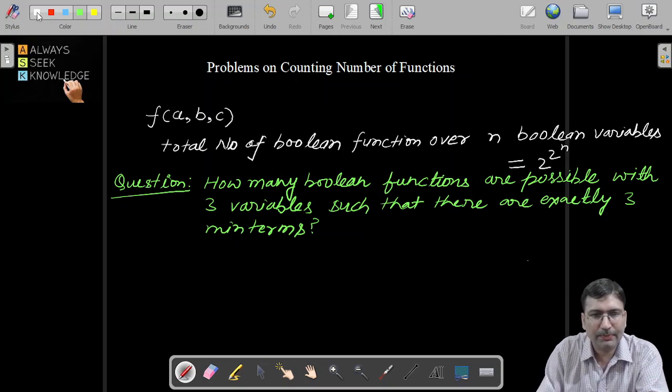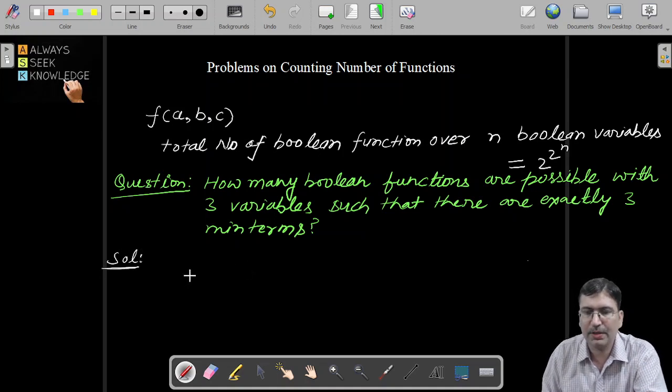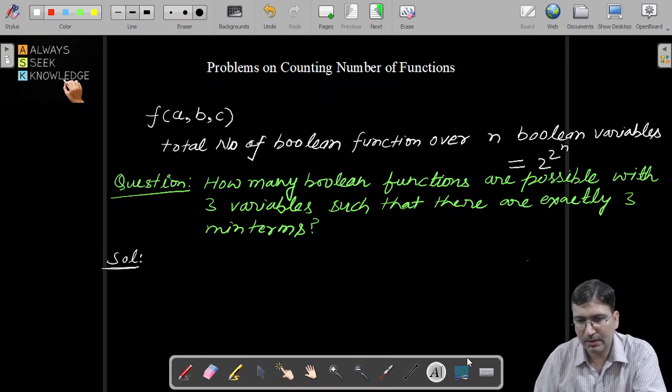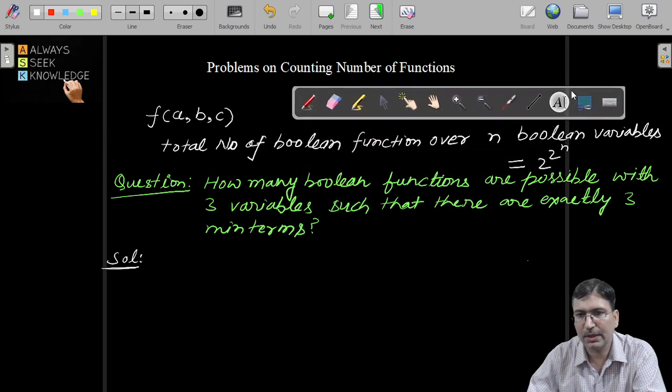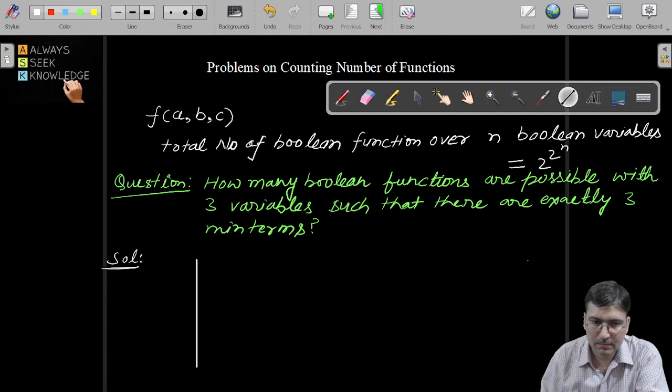What exactly we need to do is, if it is given that there are 3 Boolean variables, then we know the total possibilities, so let me draw that. There will be 8 combinations of 3 Boolean variables. There is no doubt in that.